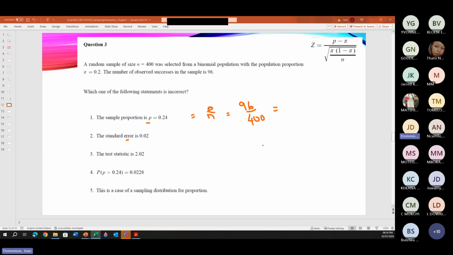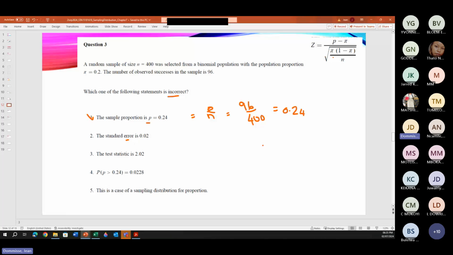Again, I don't have my calculator, so let me just say 96 divided by 400. We get 0.24. Which is that one, but we're looking for incorrect, so not that yet.